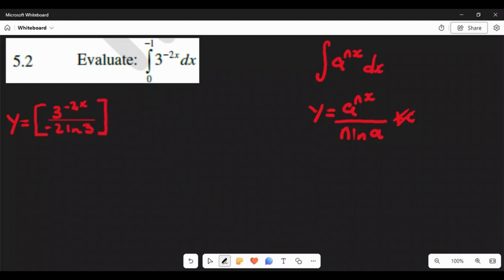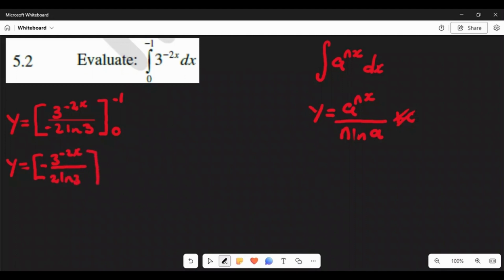And then do not forget, here you're going to write the upper limit and the lower limit as you are given there, guys. Right, so the next step, now you subtract the brackets of each limit. So minus, don't forget this minus here, we have 3 to the power of negative 2x divided by 2 natural log 3.